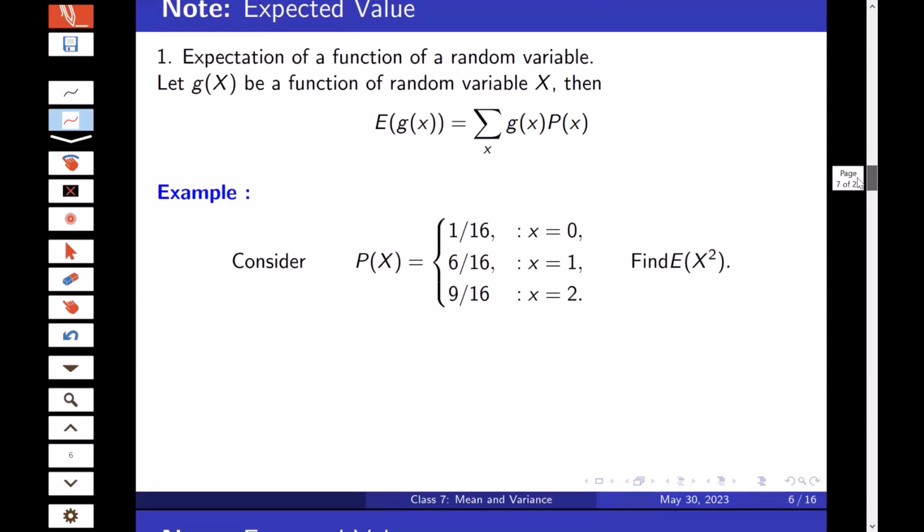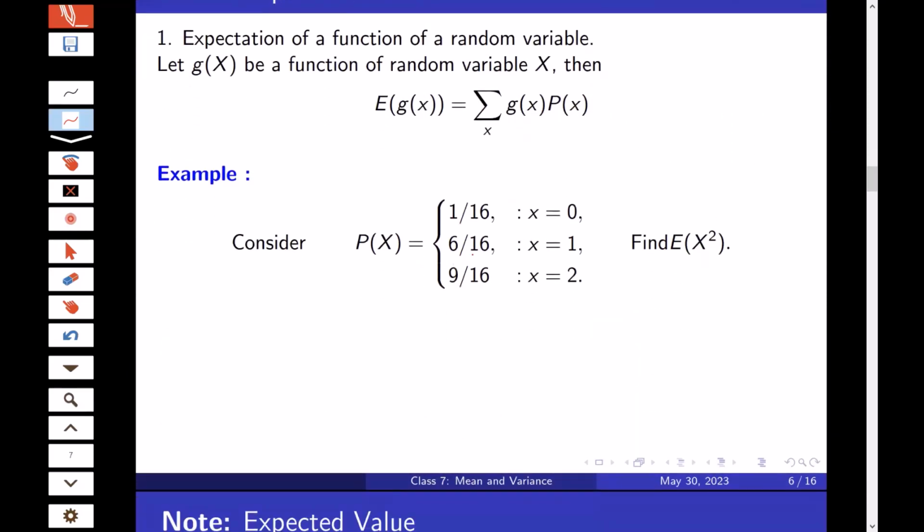Okay, so let's do an example. This is another way to give the probability mass function, using piecewise function form. When X equals 0, I have this probability. X equals 1, another probability. X equals 2, I have another probability. And the question asks to find E of X square. So the equation is E of X square equals sigma over all X of X square times P of X. Now I'm going to substitute.